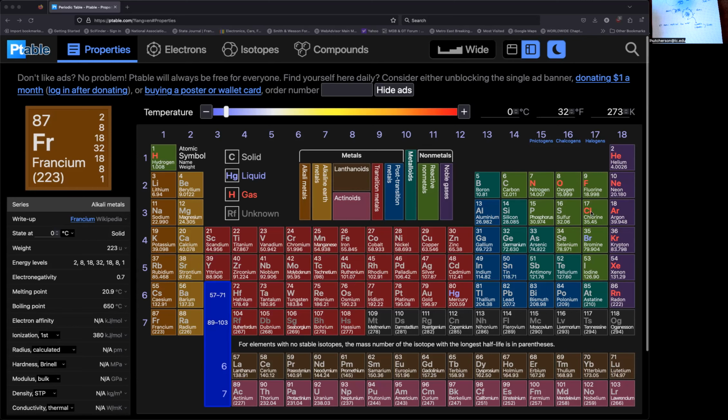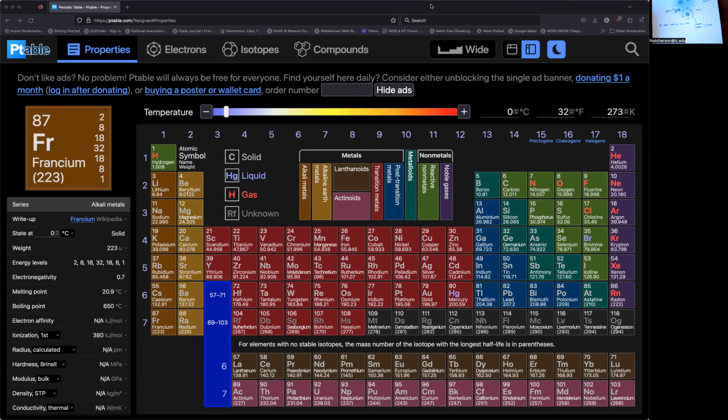I could pick any random element off the periodic table, and if I pick chlorine, every chlorine atom in the universe has 17 protons. If it doesn't have 17, it's not chlorine. Right? But when we talk about atoms, we also talk about their mass.